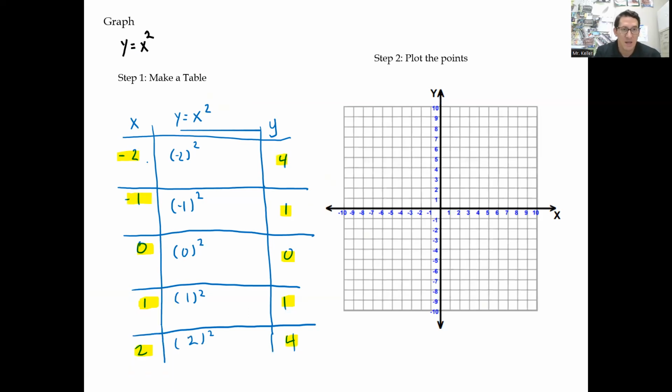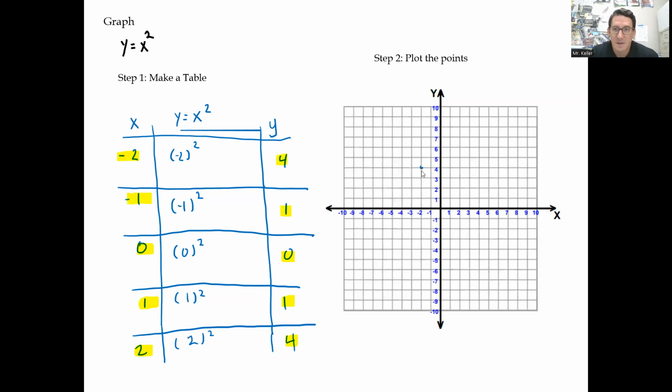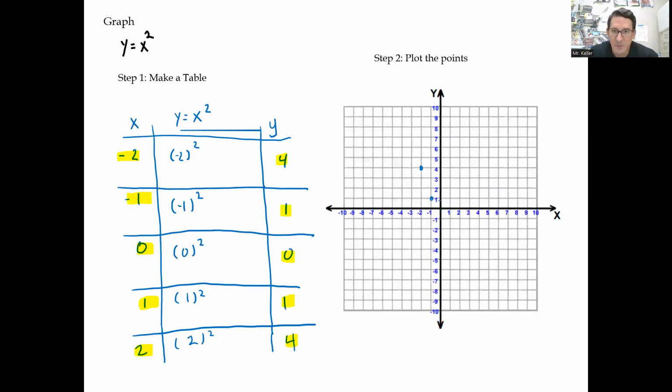So back to the pen. -2, 4. That's -2 in the x direction, 4 in the y is here. -1, 1. I do not know why it does that. This is very annoying. 0, 0.